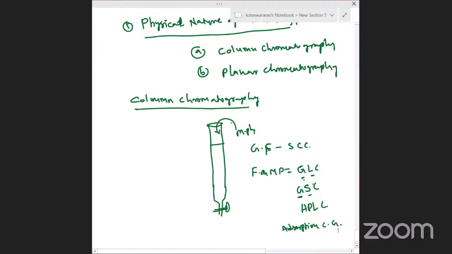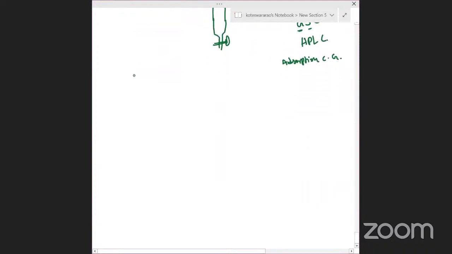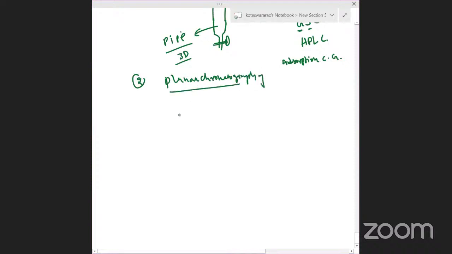Next is planar chromatography, the second type. What is planar chromatography? Column chromatography uses a pipe, which is a three-dimensional space. Planar chromatography is like a two-dimensional chromatography.